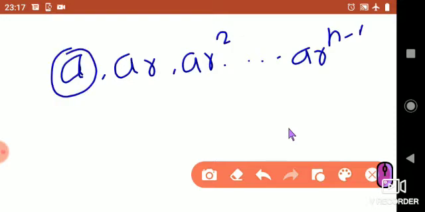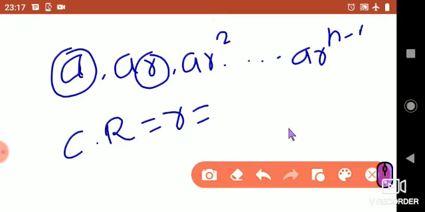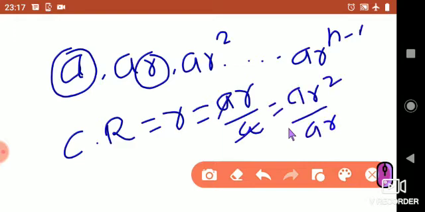Here A is called the first term and R is called the common ratio. We denote it by the notation CR. Common ratio is denoted by the notation small letter r, and it is given by the formula any term divided by its previous term, or AR square divided by AR, that gives A cancel, A gets cancelled, which gives R. If the ratio between any two terms remains constant, then such progression is called a geometric progression.